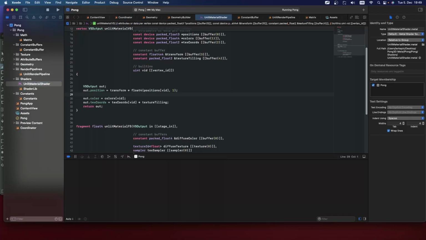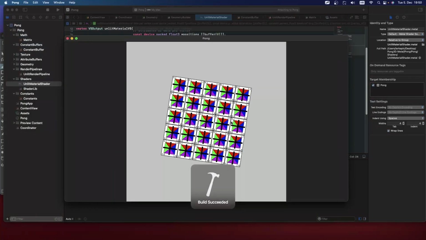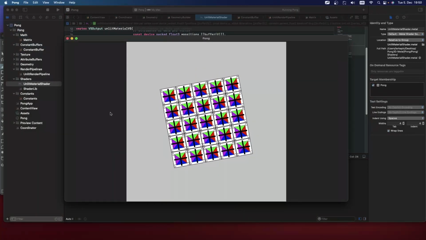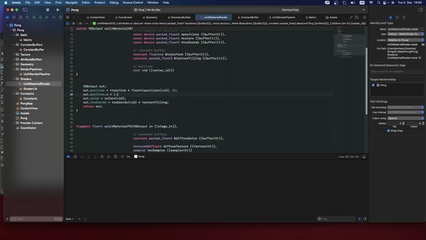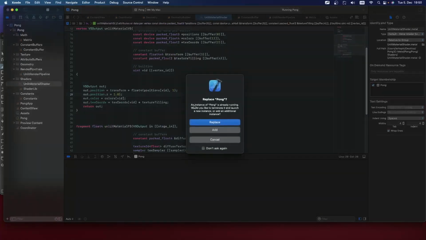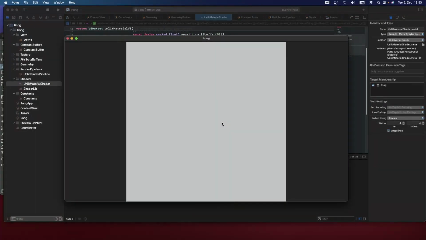So here I could just say our position.z is equal to 1, and it will render it. It's still rendered because it's in that limit of 0 to 1. But if I go to 0.01 and I try to render it, there is nothing, because it doesn't fall in that range of 0 to 1.